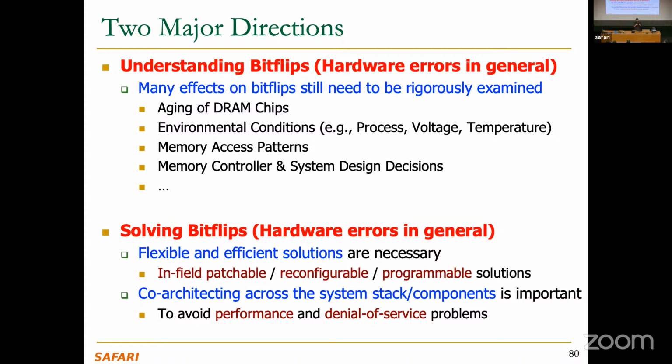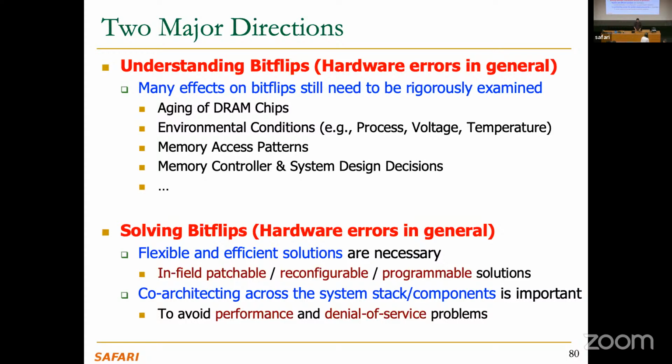But because of this proximity, when that row is open, it pulls the electrons stored in the victim cell away from the capacitor into the substrate. When that row is closed, not 100% of these pulled electrons return to the victim cell. So that's another leakage. It turns out this second mechanism is affected by how long you keep the row open. That's one device-level explanation of why they are fundamentally different. Thank you.